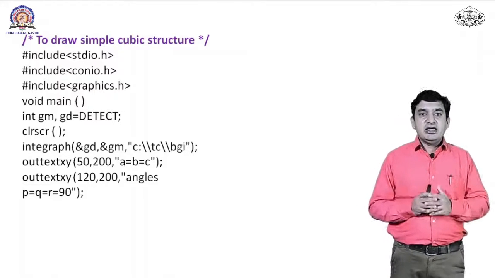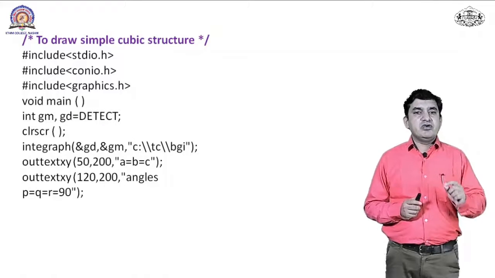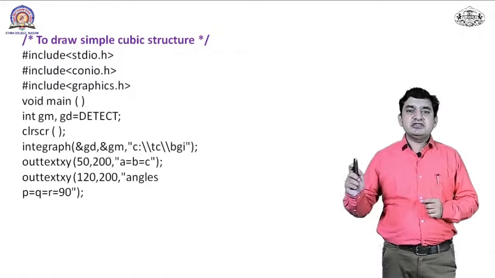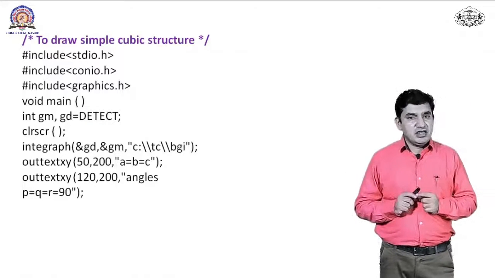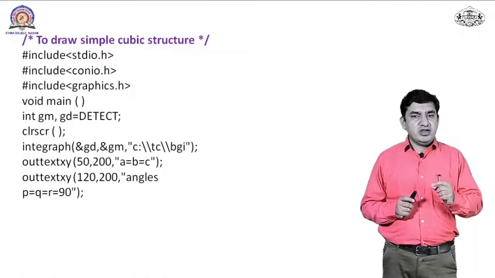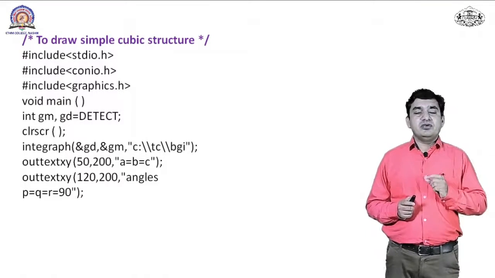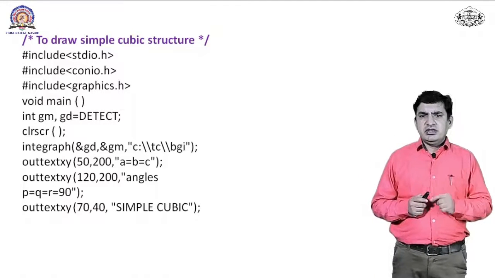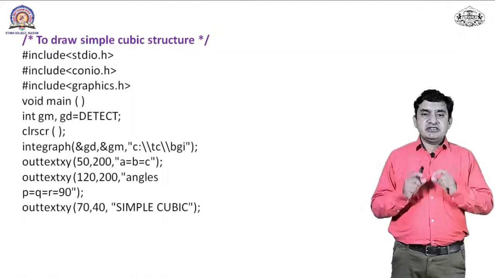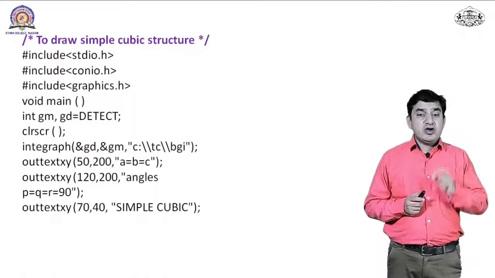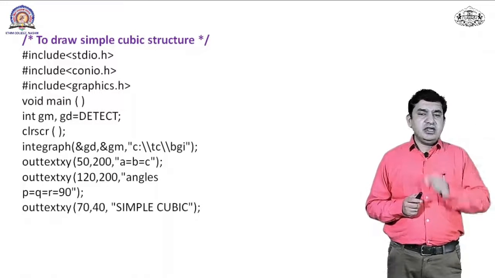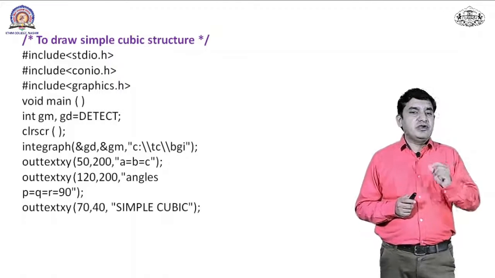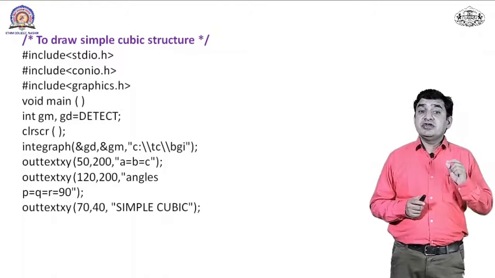It indicates that angle p is equal to q is equal to r is equal to 90 degree. This text is displayed on the screen at the coordinate 120, 100. Then outtextxy(70, 40, "Simple cubic"). This text is displayed at the coordinate 70, 40. 70 is the x coordinate and 40 is the y coordinate of the screen.